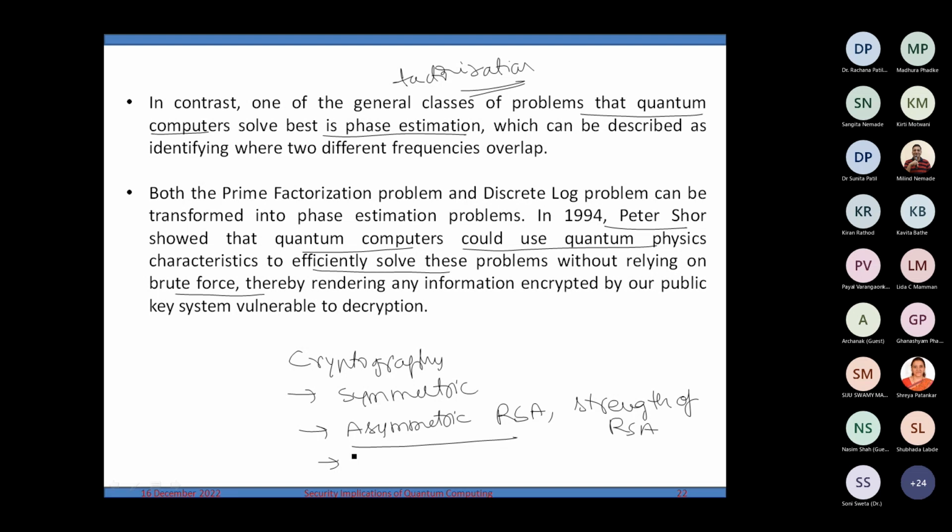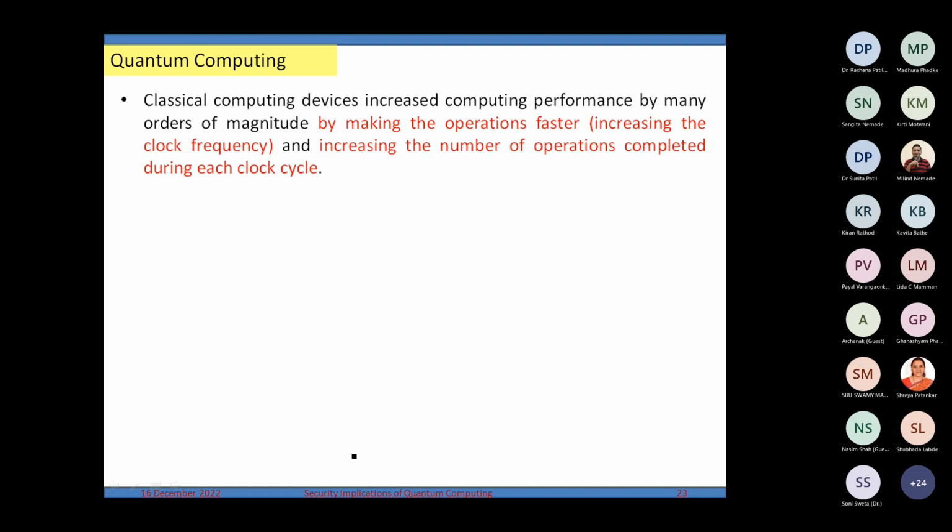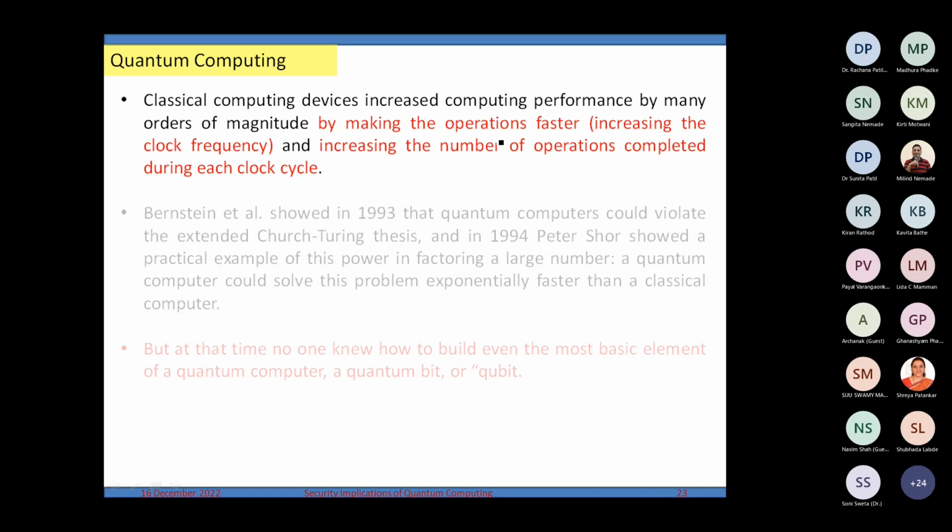Yes. So far we discussed these points. Then we will continue to our next set of concepts, which is quantum computers. With classical devices, we are able to increase computing performance by increasing clock speeds, increasing the number of cores, and so on, following conventional principles.